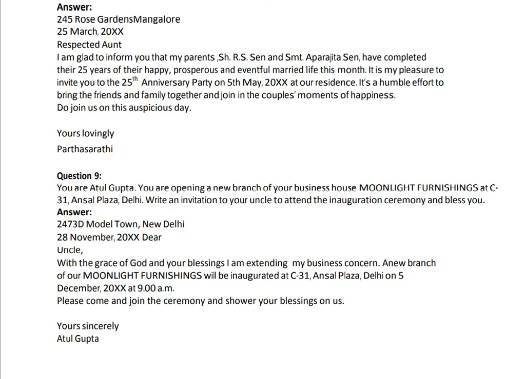Okay, here you write 2473 D, comma, Model Town. After that, what should be there? New Delhi, it should be written down. Okay, you write New Delhi down, then you leave one line, then you write the date. This date you write after leaving one line. Okay, after the date, 20th November. See the way the date is written, very important. 20th November 2021.